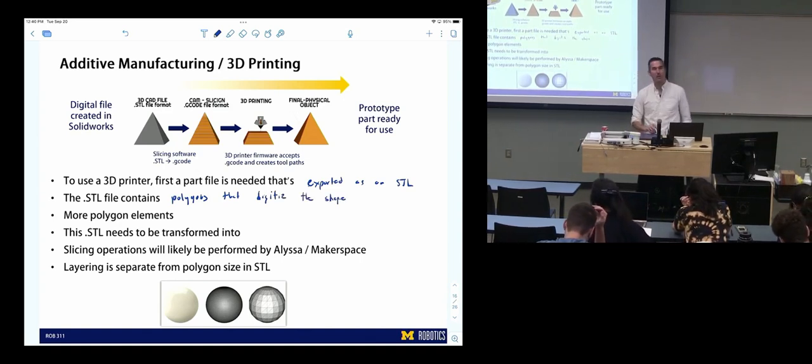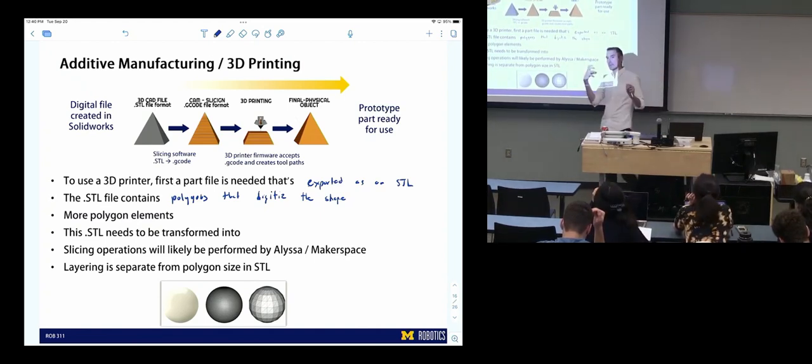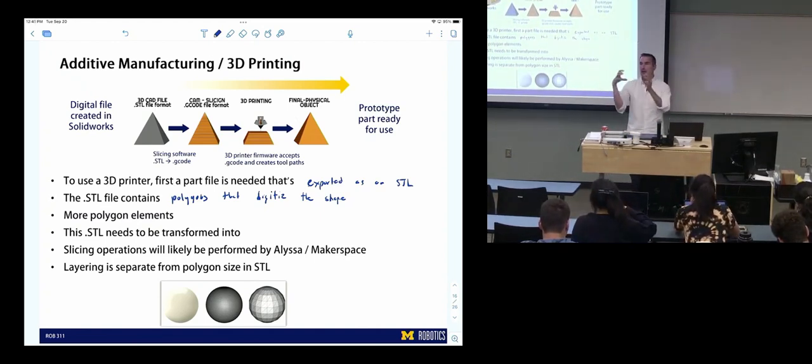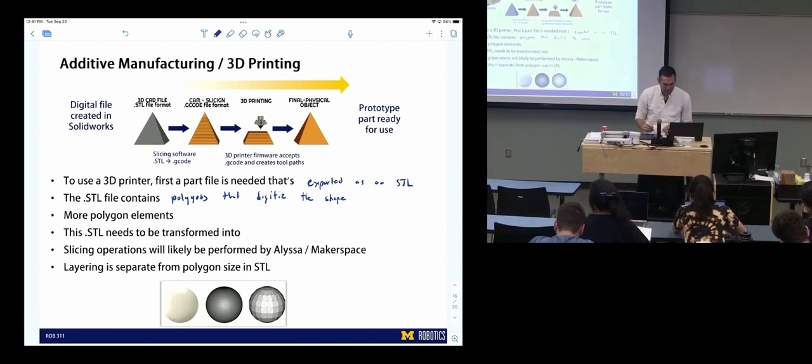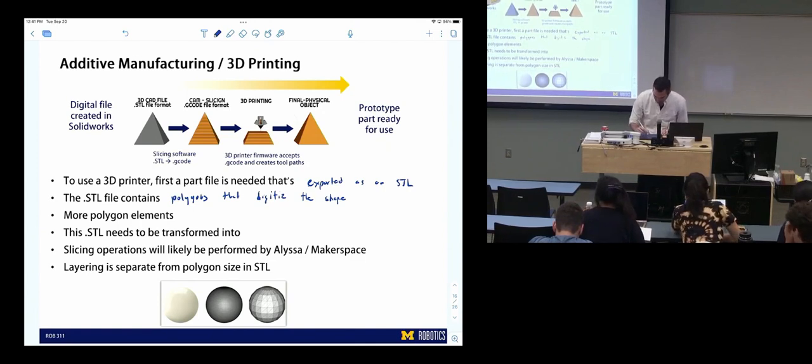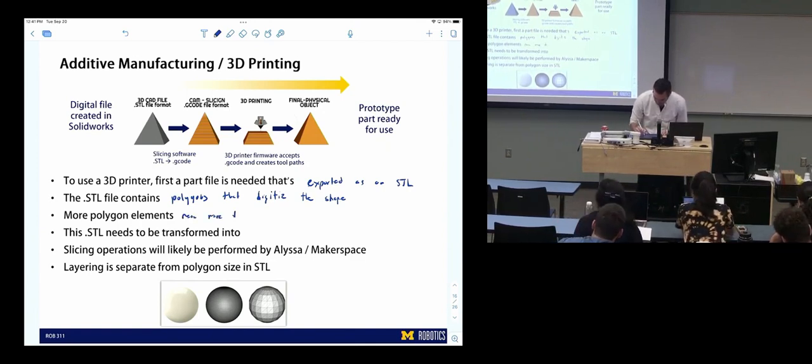So now it no longer is the smooth SolidWorks model you're used to seeing. It becomes a digitized version of that with polygons that make up the part. More polygon elements mean more detail and larger STL files.